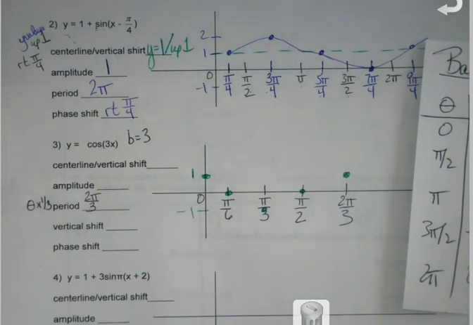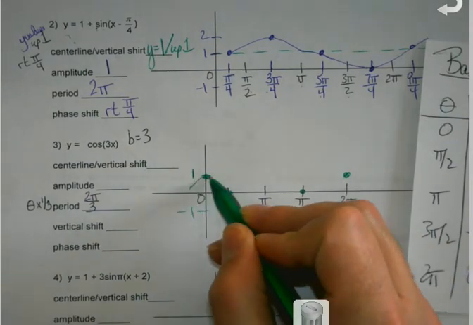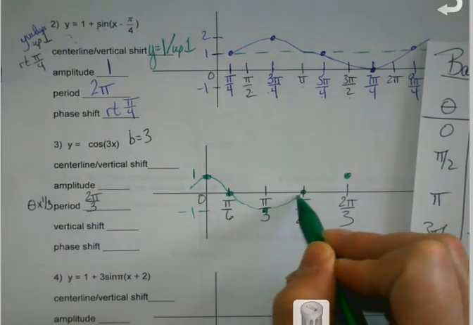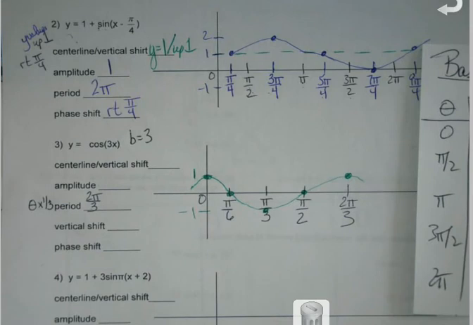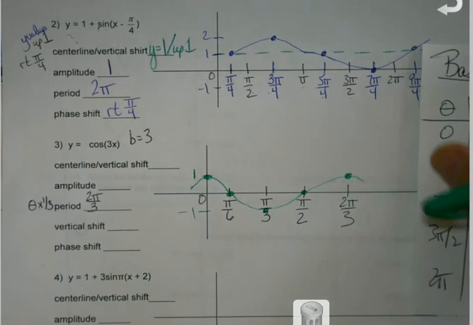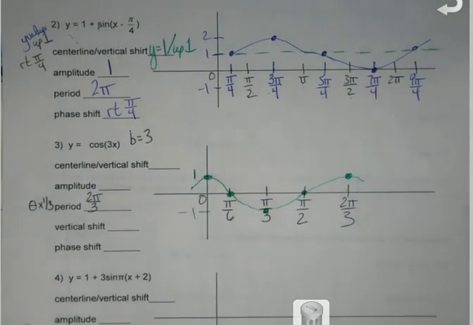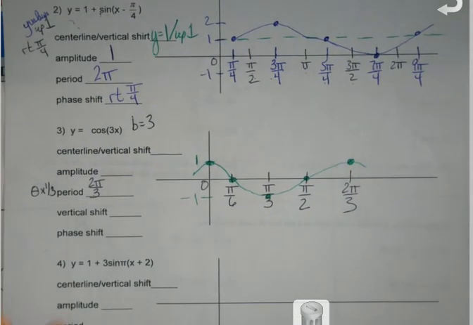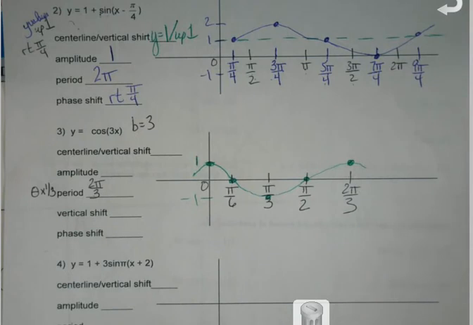The only thing that happened was that I kind of squished my graph a little bit into a shorter period. Everything else works the same. But again, I'll keep saying it: it all comes back to knowledge of your base graphs.